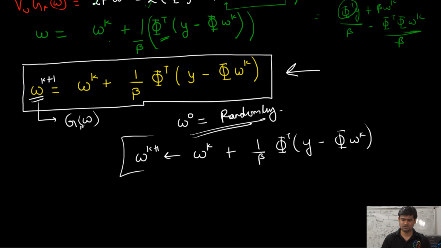And this solution is guaranteed to minimize the original loss function A of W. And as you can see, the earlier normal equation based solution required us inverting the matrix phi transpose times phi, whereas this solution just requires multiplication with the matrix phi transpose and multiplication with matrix phi. It requires no inversion of any matrix at all. And this iteration is known as Landweber iteration.